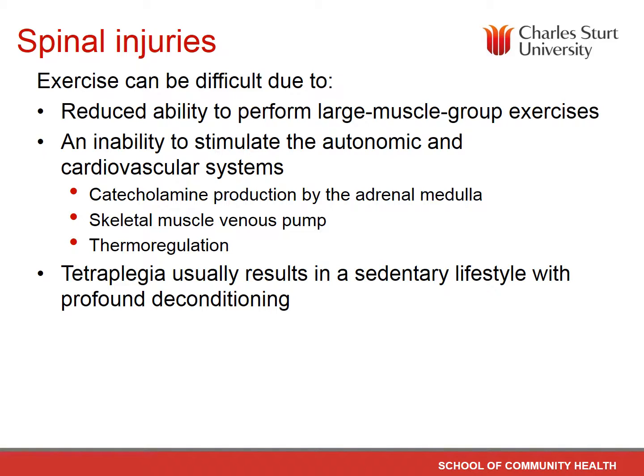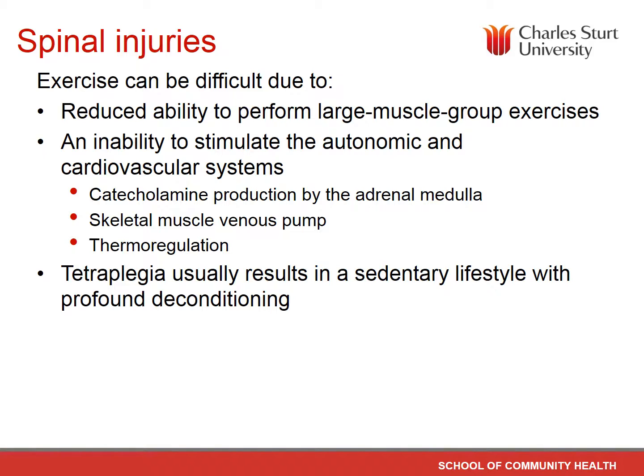Now, another reason exercise can be difficult is due to an inability to stimulate the autonomic and cardiovascular systems. So catecholamine production can only be produced by the adrenal medulla in injuries above the mid-thoracic spine, because remember, the cardio-accelerator nerves through the sympathetic nervous system actually exit the spinal cord in the mid-thoracic.